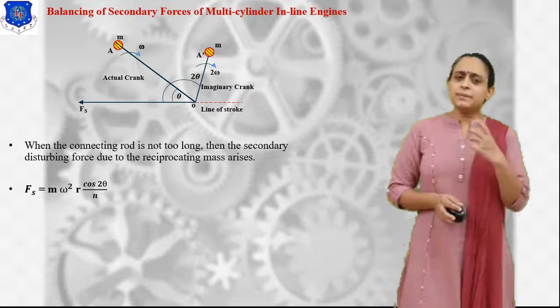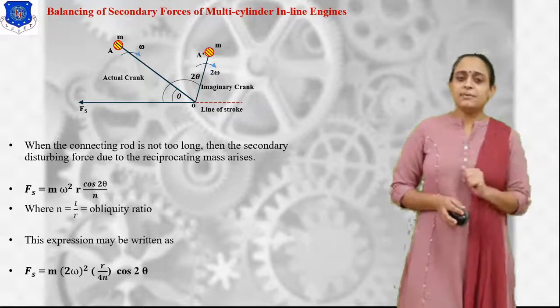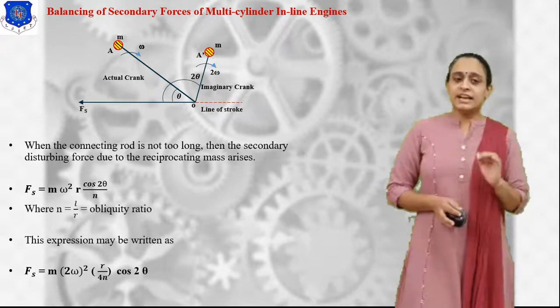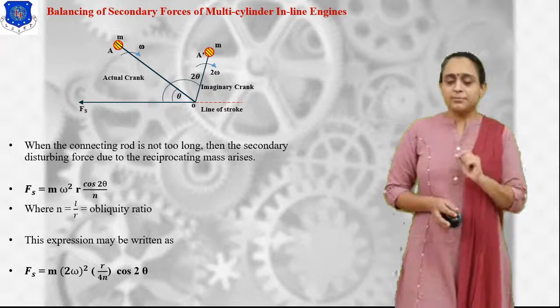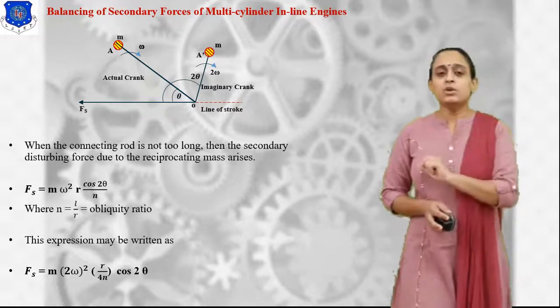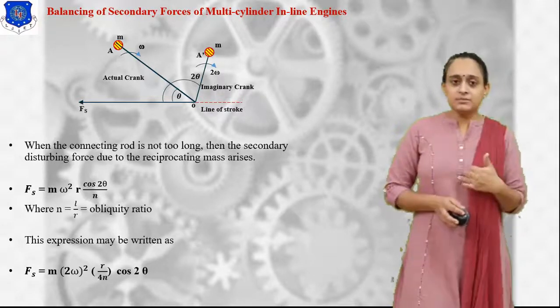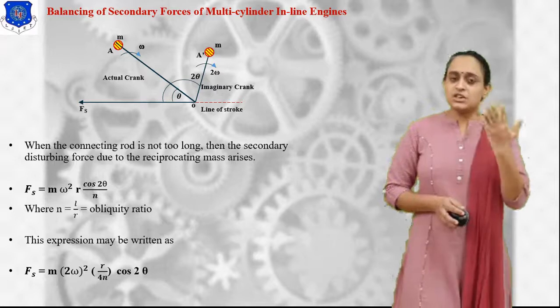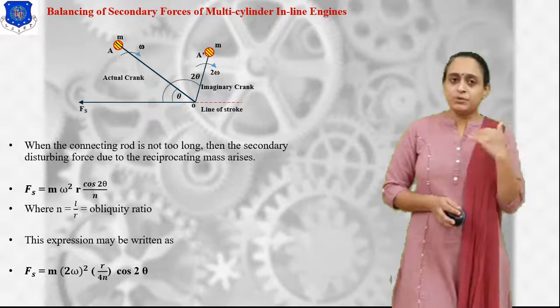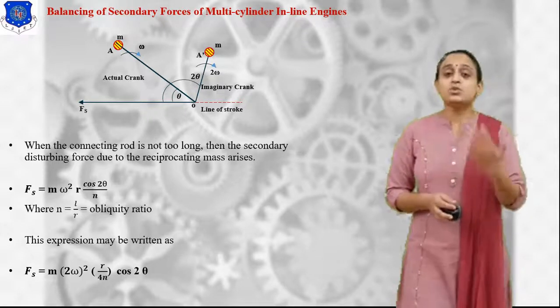Now we need to multiply and divide by 4. What we will get is Fs equals m into 2 omega whole square into r by 4n into cos 2 theta. It means the angular speed is doubled. In the primary force it is omega only, and in this case it is doubled, it means 2 omega.